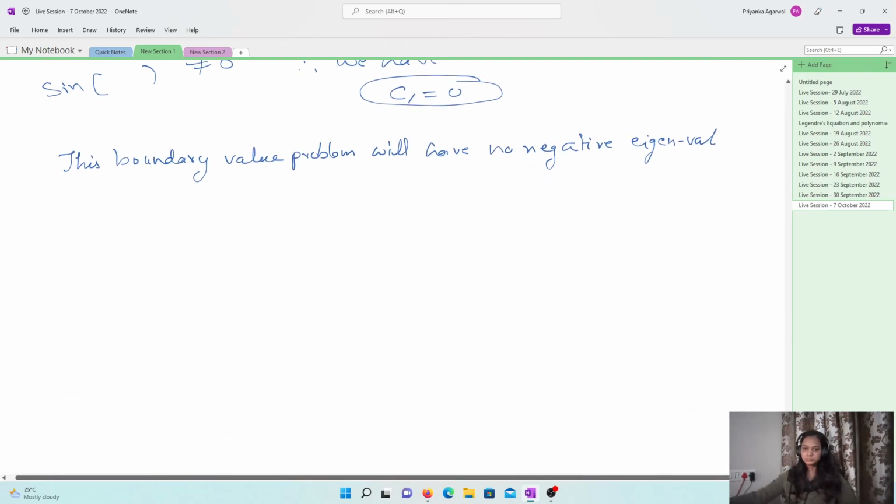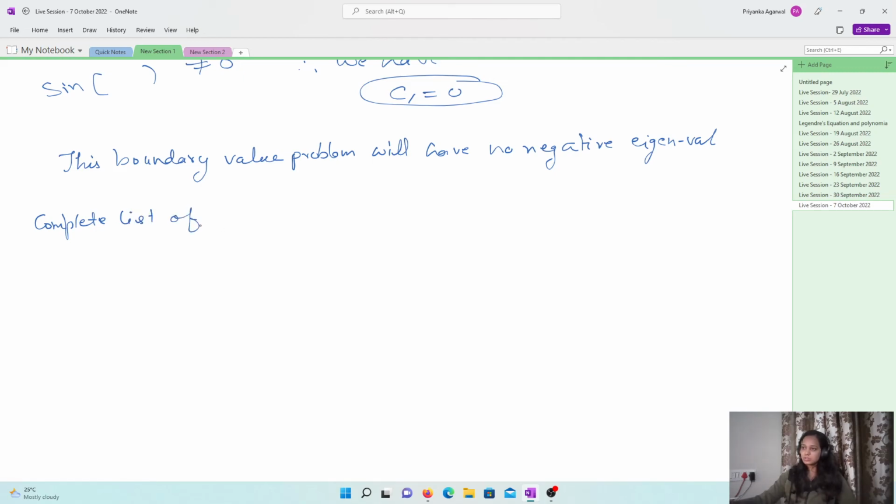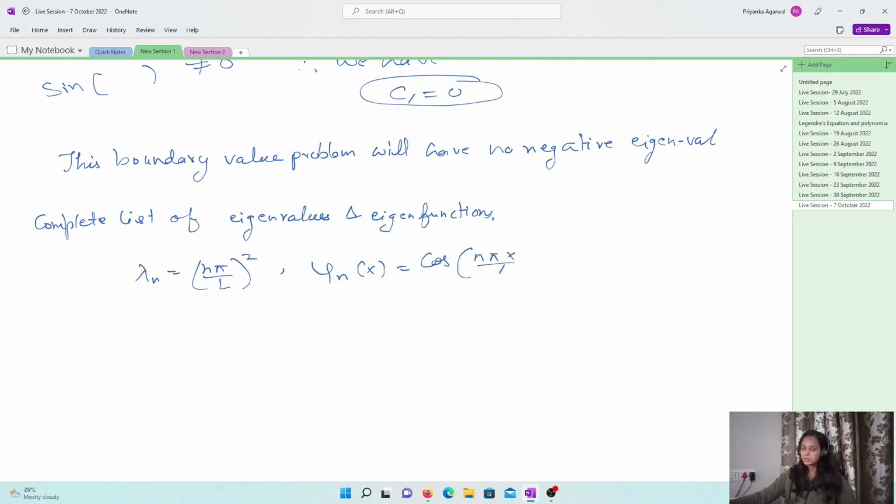So, if we write the complete list of eigenvalues and eigenfunctions for this problem, what we have is lambda n equals n pi by L squared, and for this we have psi n as cos of n pi x by L, where n equals 1, 2, 3 and so on.